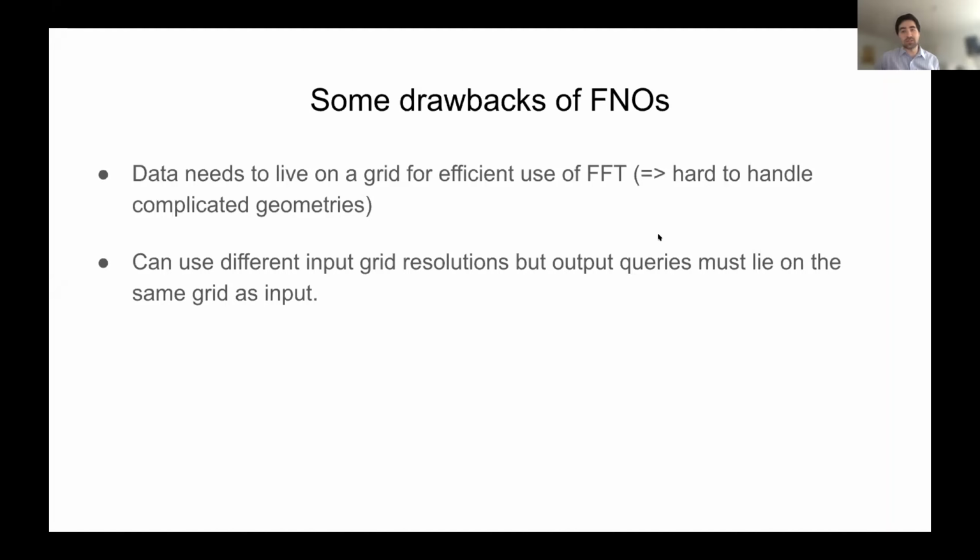Most available implementations of it so far do require you to be on a regular grid, but there are some that are coming out that let you change to more complicated geometries. The other drawback, and we'll see some examples of this in part 4, is that it does not always have the best robustness against noisy corruptions of the input. And that is also because we're using the Fourier transform for this case.